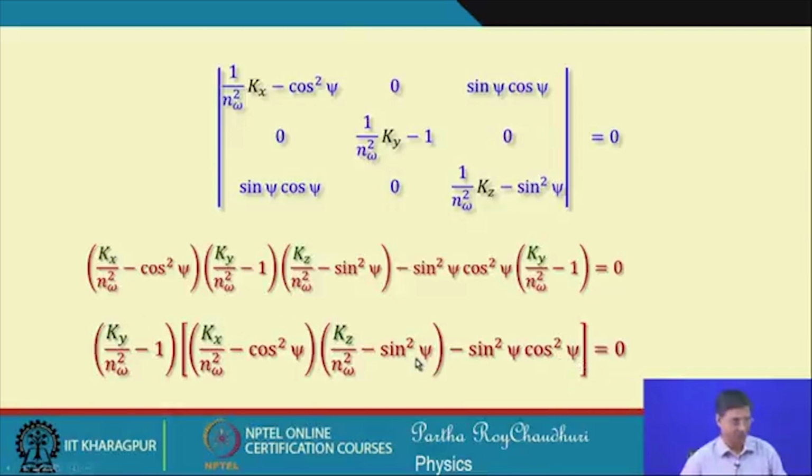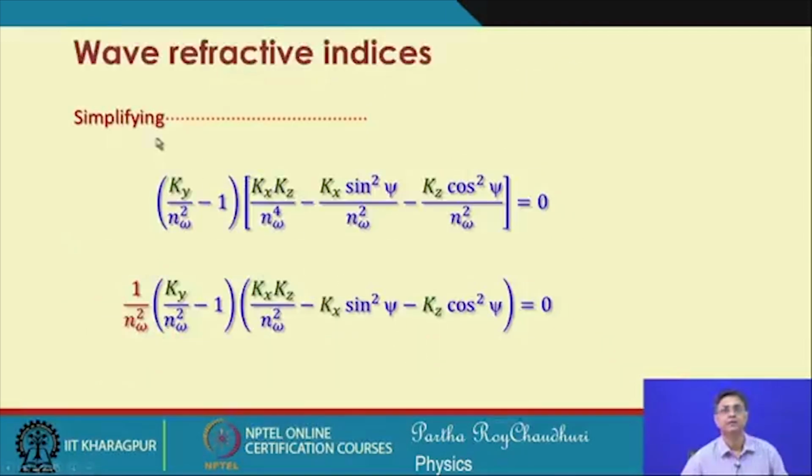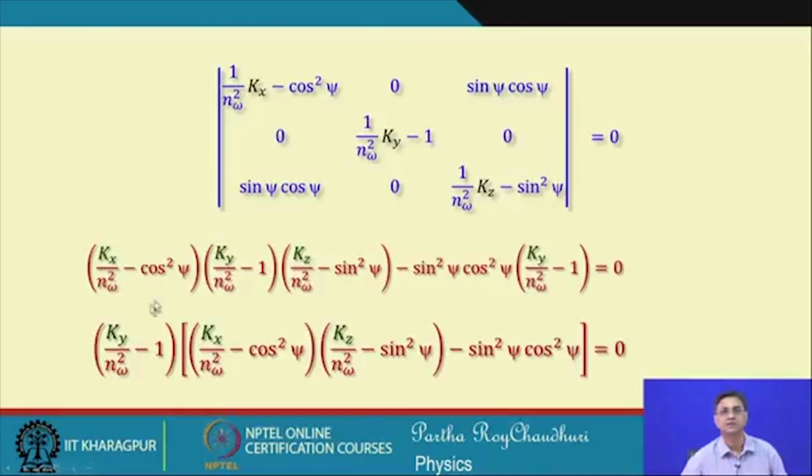So, this reduced equation, if I simplify, then I again multiply this, it will give you cosine square and sin square product, which will cancel because you have minus and minus will give you plus. So, sin square psi and cosine square psi will identically vanish.